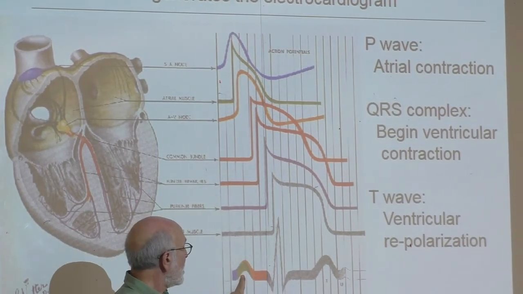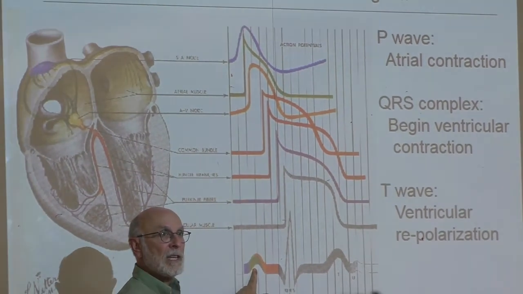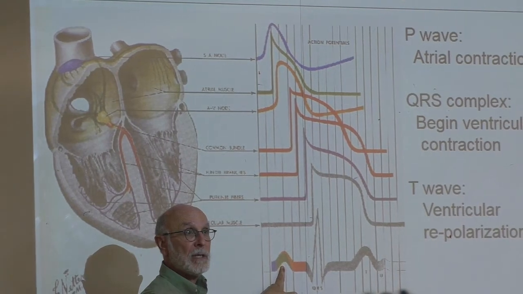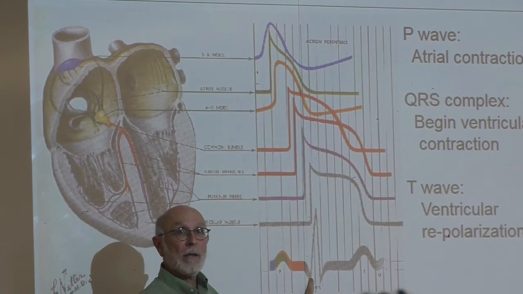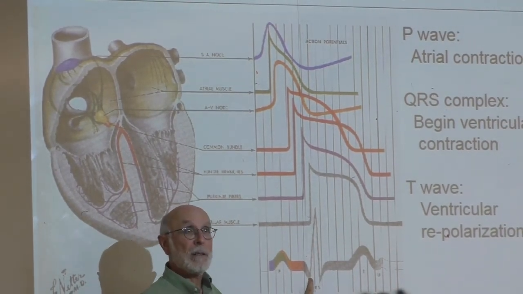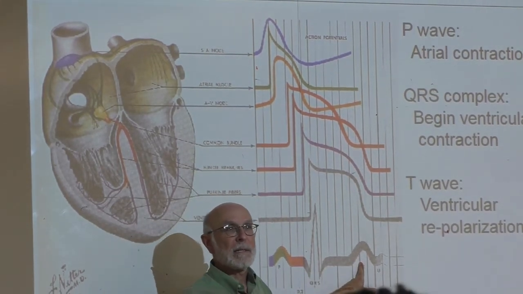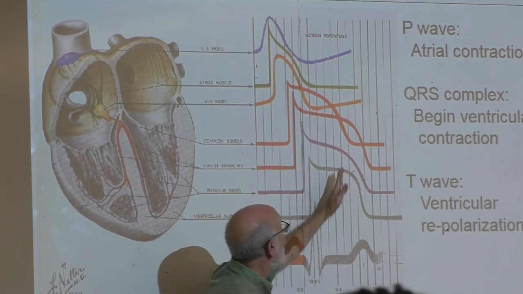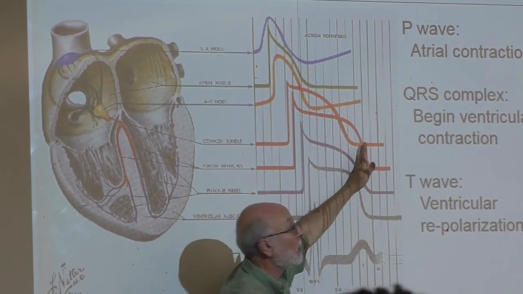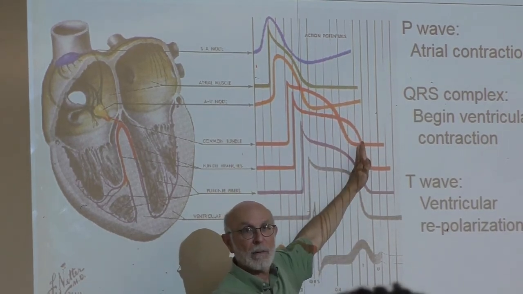So we've got a small signal associated with atrial depolarization. We've got a big signal associated with ventricular depolarization. And then we're going to have a mid-sized signal that is associated with the spread of ventricular repolarization.